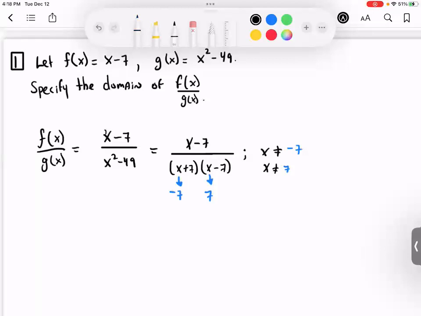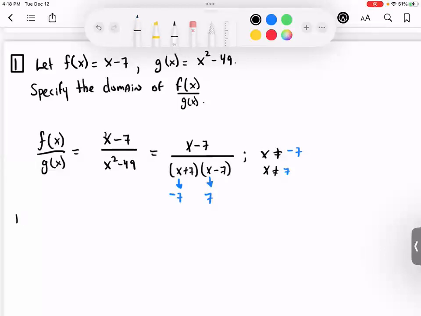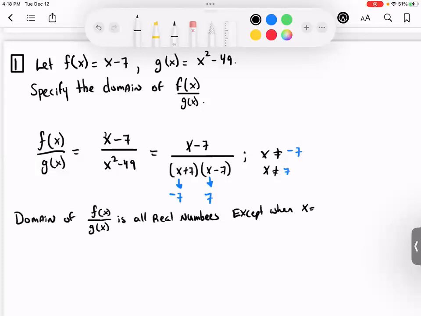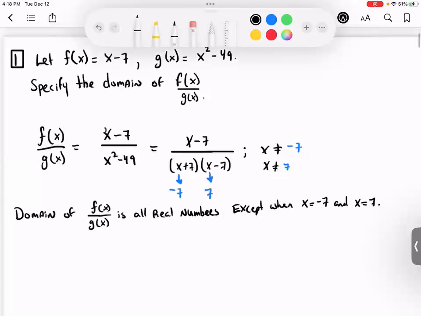So in plain English, we say that the domain of f of x over g of x is all real numbers except when x is equal to negative 7 and x equals positive 7. Those are our problematic inputs.